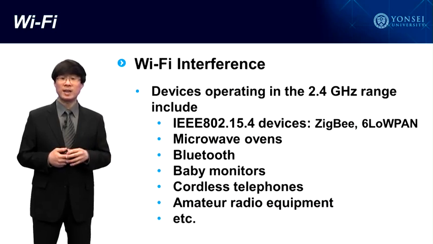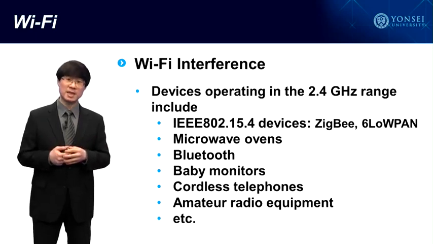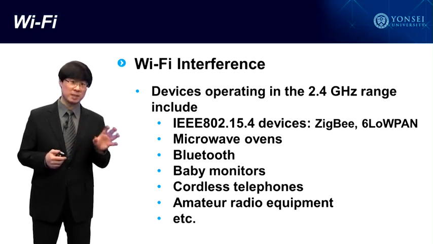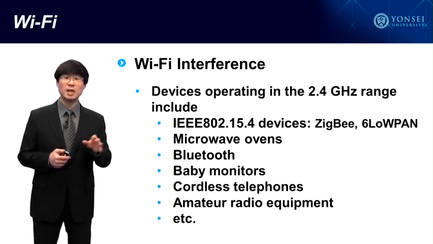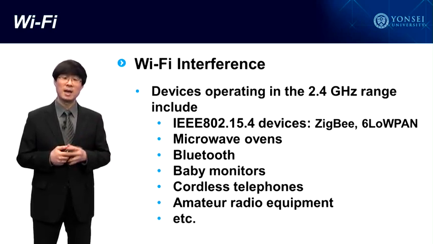Now, Wi-Fi interference, for example at the 2.4 gigahertz range, includes many other types of devices that use this frequency range as well. For example, if you have heard about Zigbee or 6LoWPAN, they use the IEEE 802.15.4 modem and they also operate in the same 2.4 gigahertz ISM band.